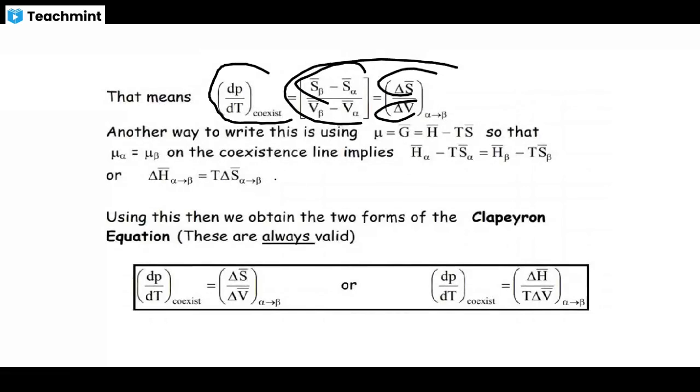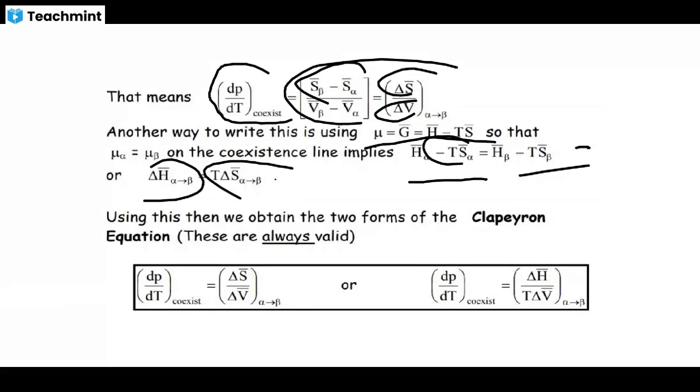Another way to write this is using mu equal to g bar equal to h minus T delta s. So another form of g is nothing but h minus T s. Taking h for alpha and h for beta, h alpha minus h beta equals delta h, and if you take the delta s to this side, using this term we can obtain two forms of the Clapeyron equation.